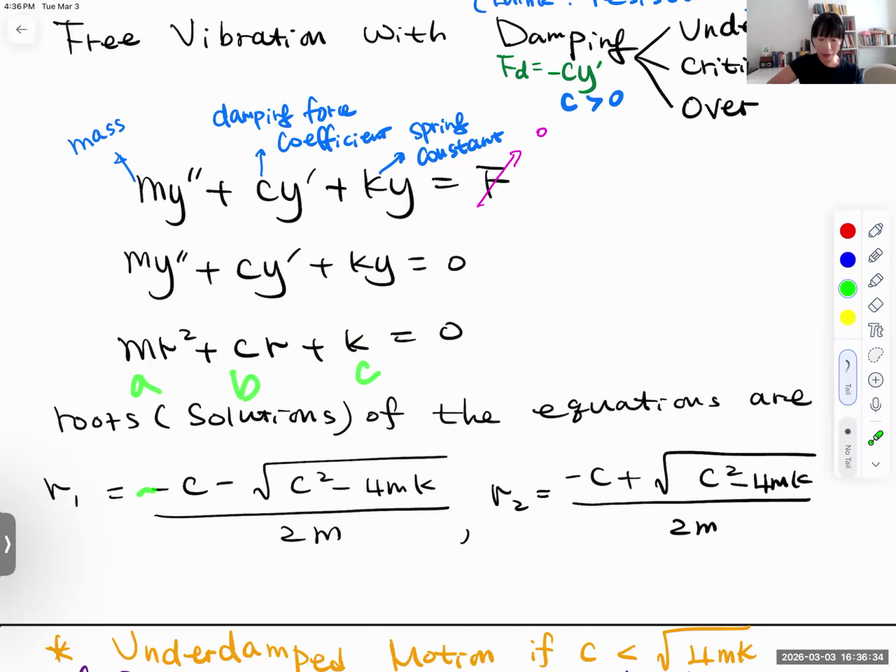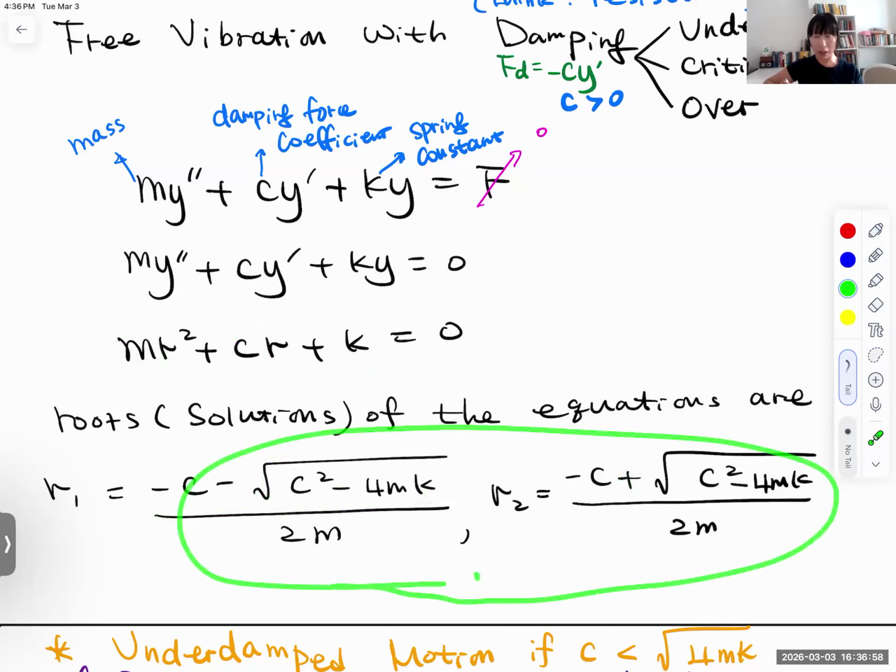So minus b, which is c, plus or minus the square root of b squared, which is c squared, minus 4 times a times c, so 4 times m times k, all over 2 times a, which is m. Make sense? So this is from the quadratic formula.